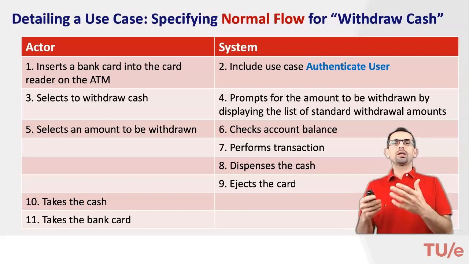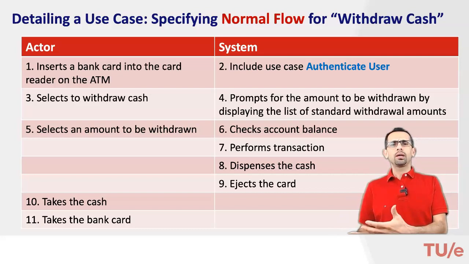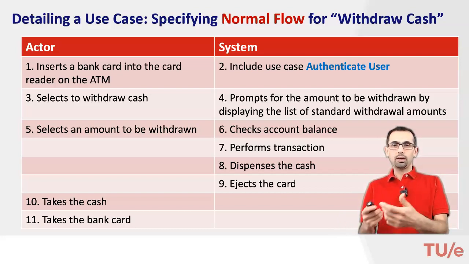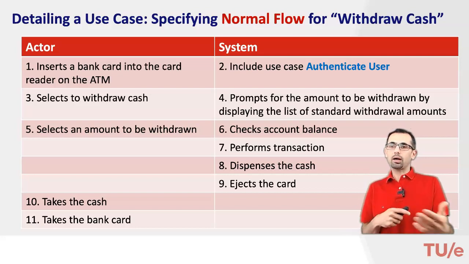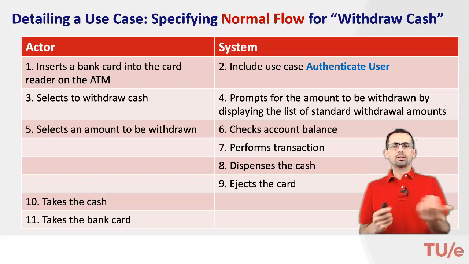In many cases you would see that the normal flow is triggered by the user, in this case, for instance, by inserting a bank card into the card reader of the ATM, and then a series of actions are performed.